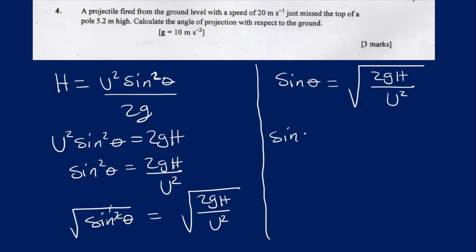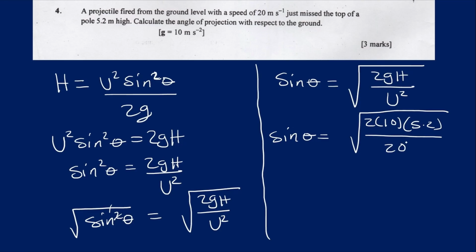So sine theta is equal to square root of 2 times acceleration due to gravity, which is 10, the height is 5.2 meters, and the initial velocity is 20, so 20 squared.